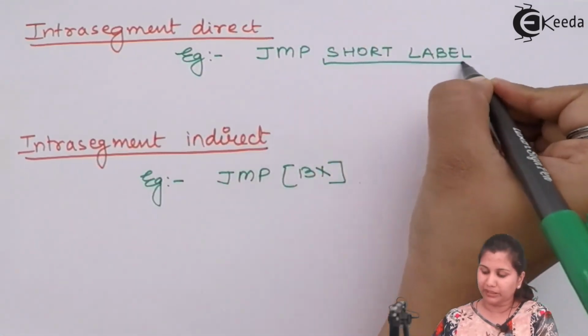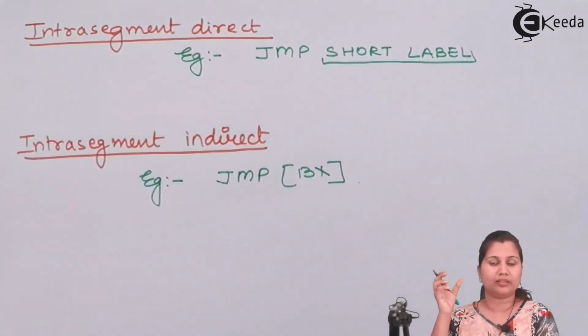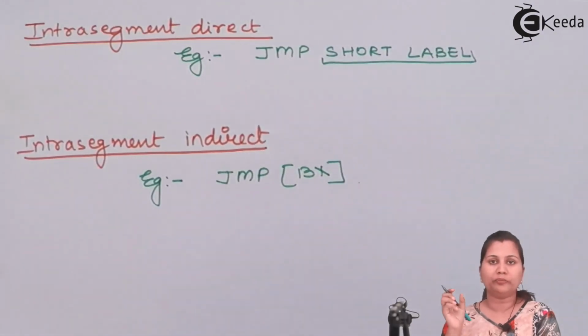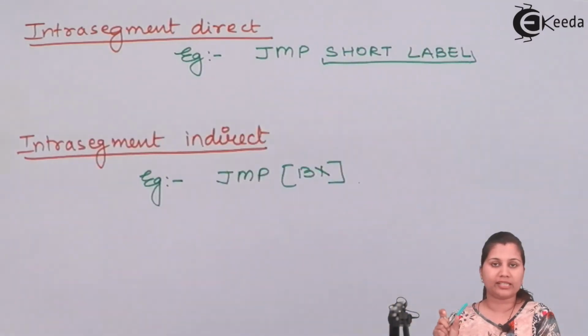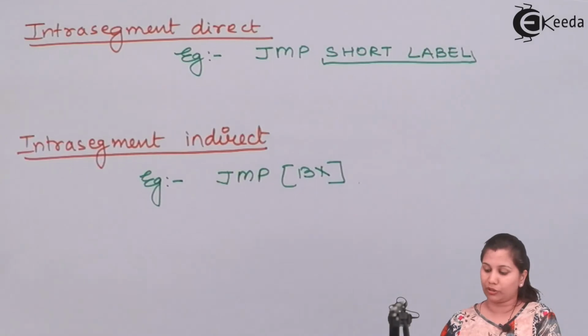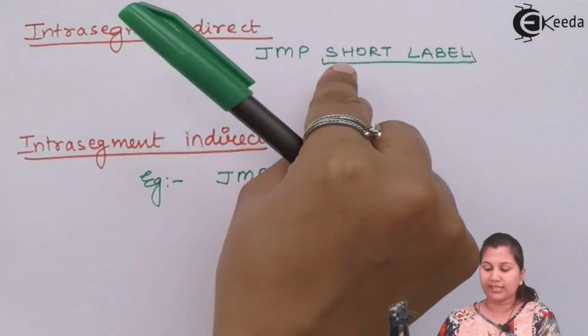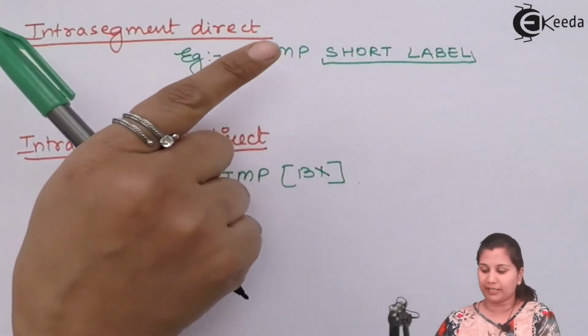This short label is a notation of where the loop is written, so wherever this label is written, the microprocessor has to jump to that location. So directly the memory location is specified in the instruction.